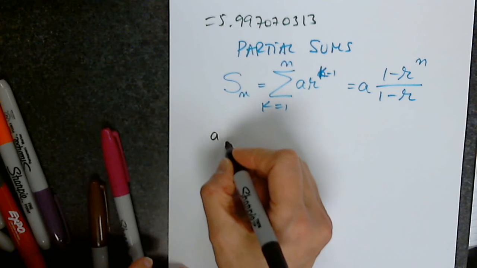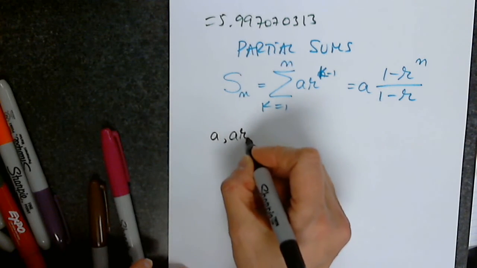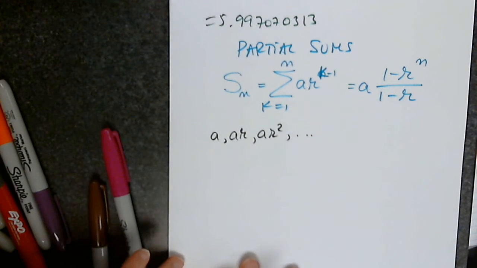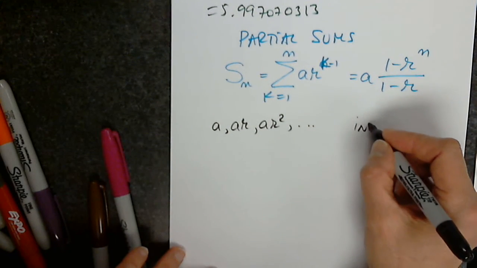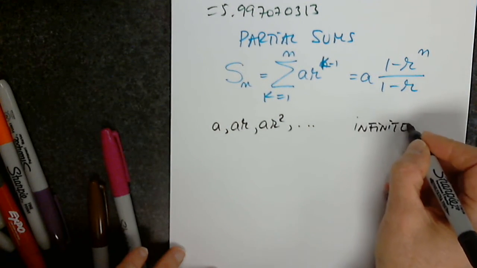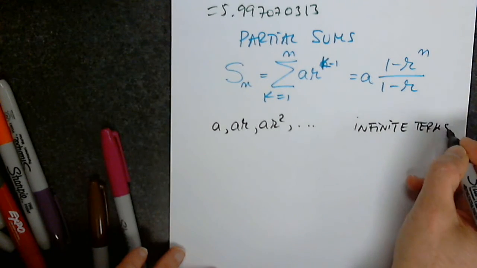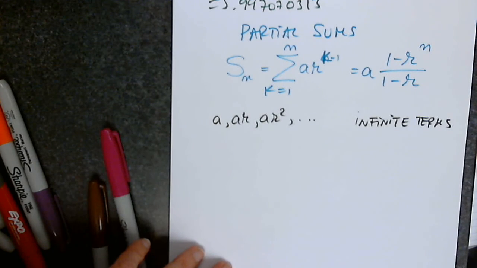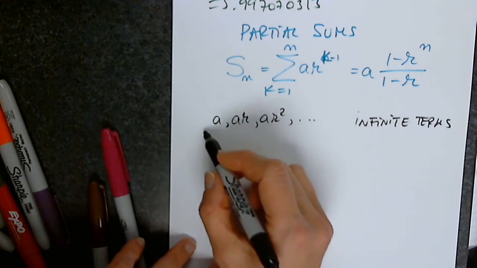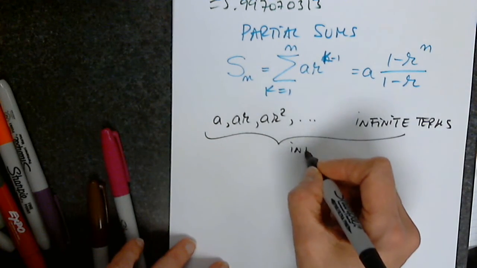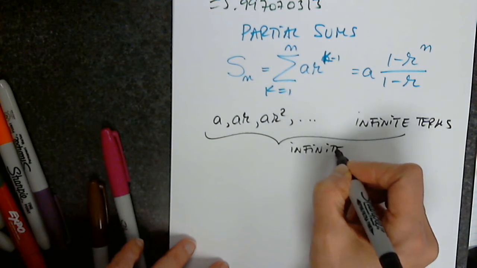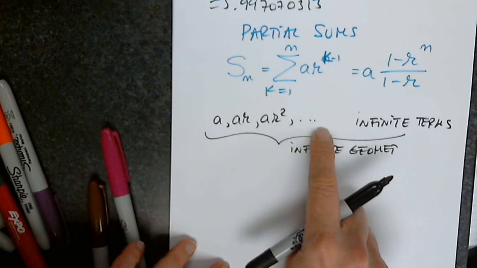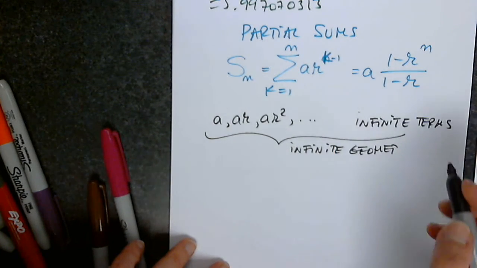If we look at A, A R, A R squared, dot, dot, dot, infinite terms, this is no longer called a sequence, but it's called an infinite geometric series, because we didn't stop at n. We go on forever.